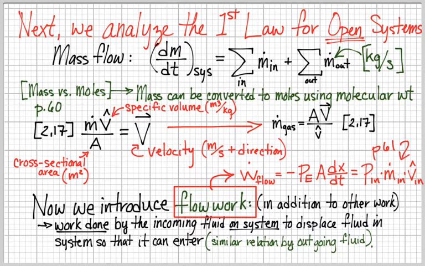We've got a mass flow rate times PV. And we already knew that PV was a type of energy unit that we would get for work. Okay? So let's take a closer look at how that works in an equation analysis. But flow work is going to be important, and I want you to kind of commit this idea of flow work to memory as we move along, because we will be talking about it in other lectures.